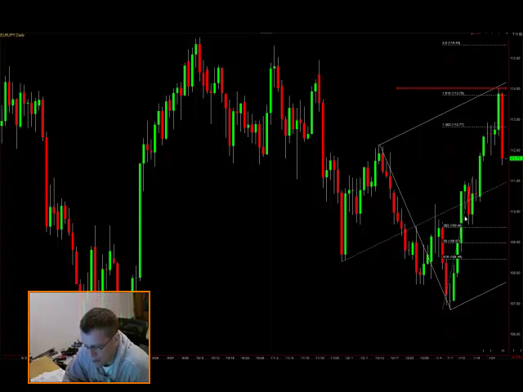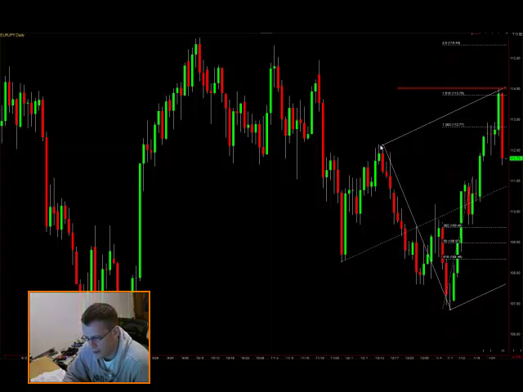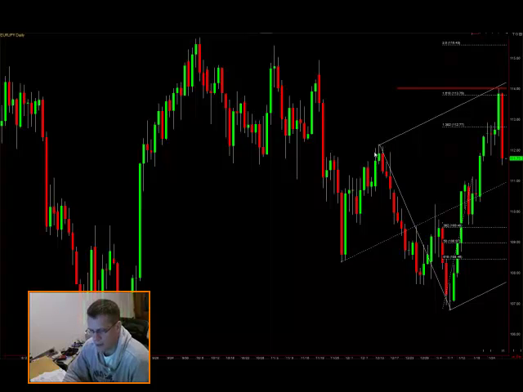So what we have here is price running into a very significant Fibonacci level, a round number of resistance, and the top of this very, very well-defined pitchfork that we had drawn on our daily chart for 2 weeks already. 2 weeks.